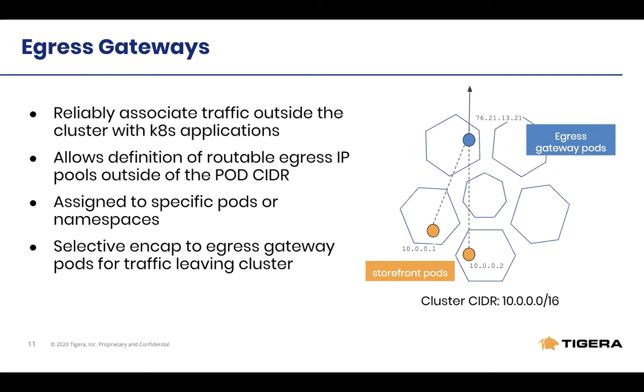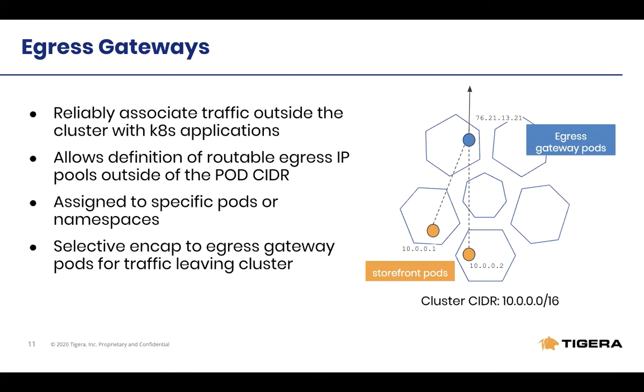So that could be a set of routable IPs, something very small like a /30 or /28. You can then associate that egress IP pool with some gateways. Those gateways can be assigned to specific pods, or to a namespace, and it's done very simply through an annotation.